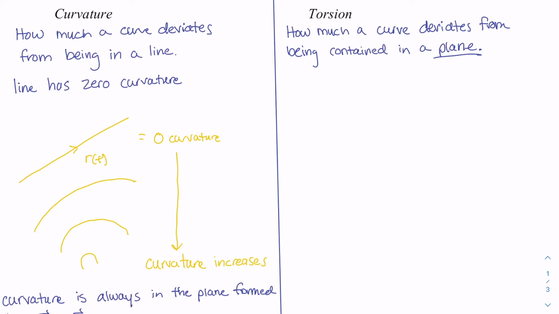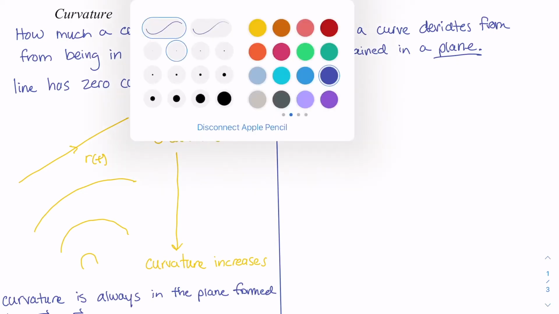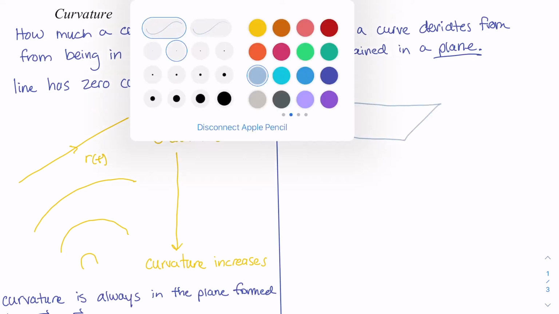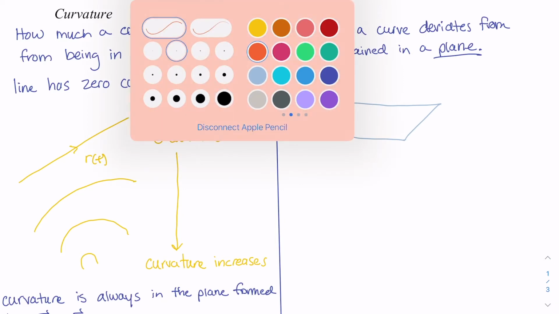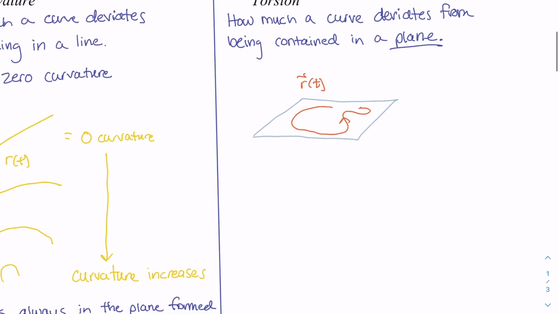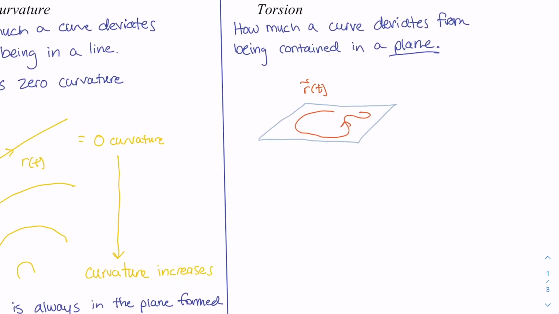So if I were to just draw an example here, let me just give an example plane. This might be the xy plane. If this is our curve R of t, and it goes that direction, then because the entire curve lives in a plane, it's not wanting to deviate from being in a plane.